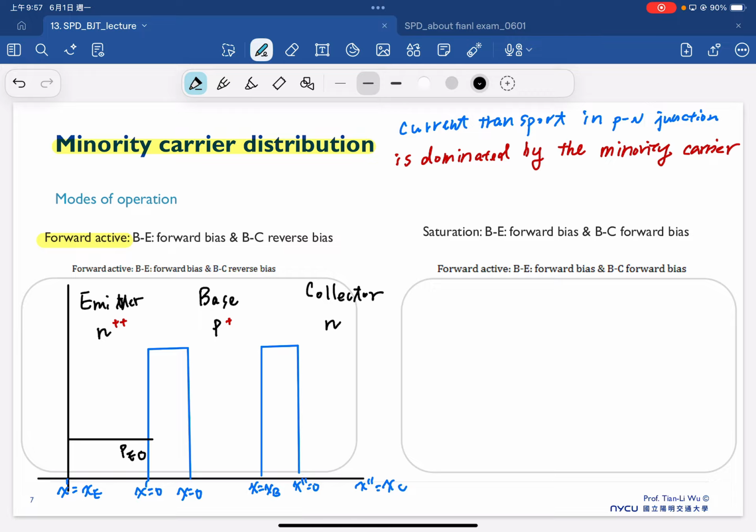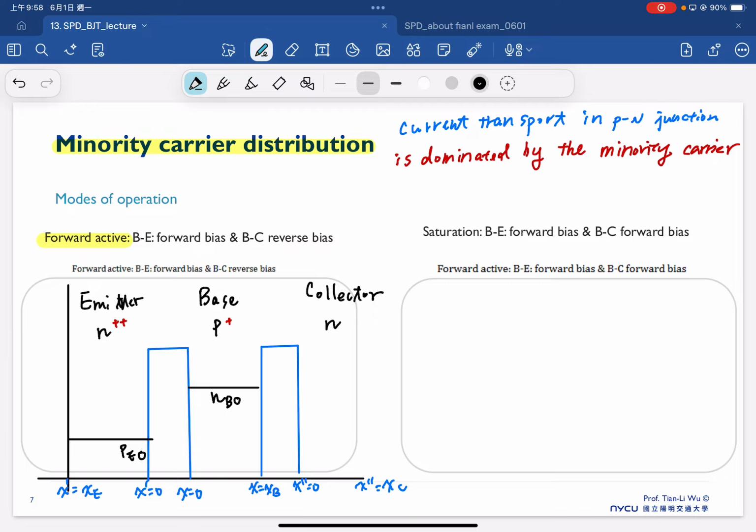Similarly, the base is P+, which has a relatively higher hole concentration, so we get the minority carrier in the equilibrium case here. In this case the minority carrier is the electron, so NB0 is the minority electron concentration in the base region under equilibrium.